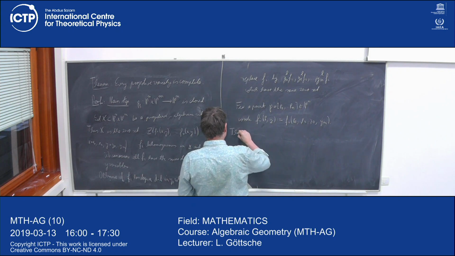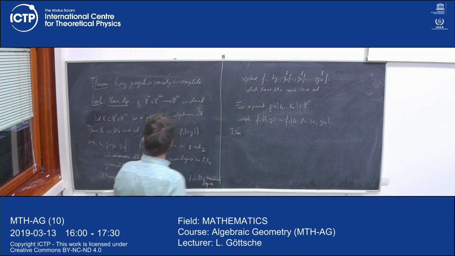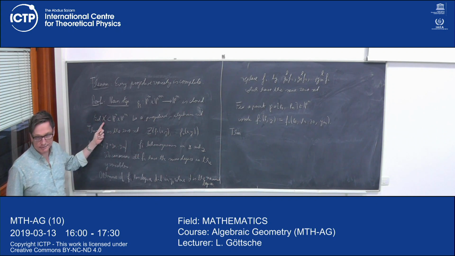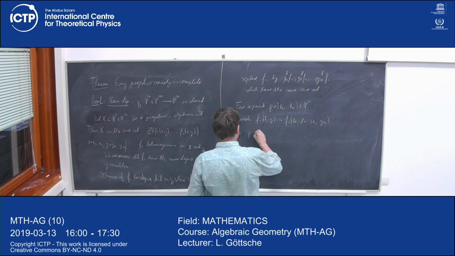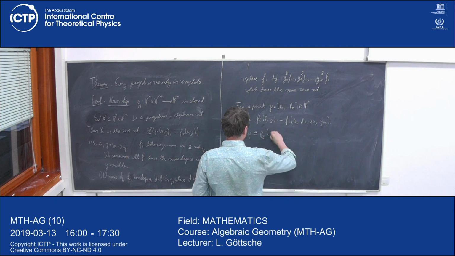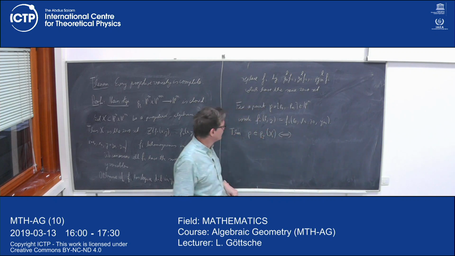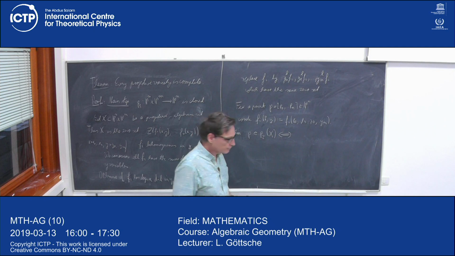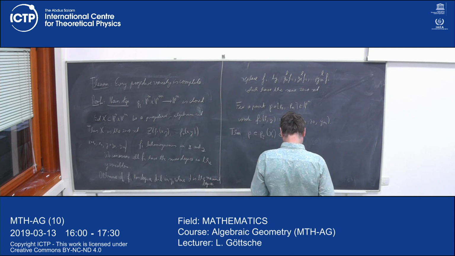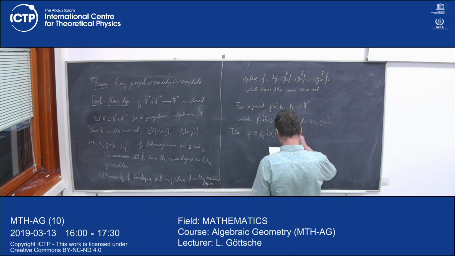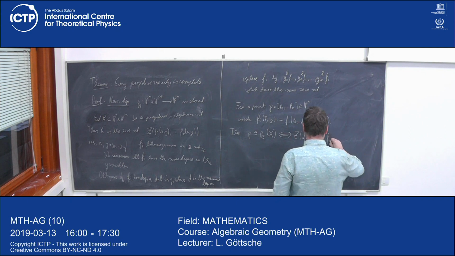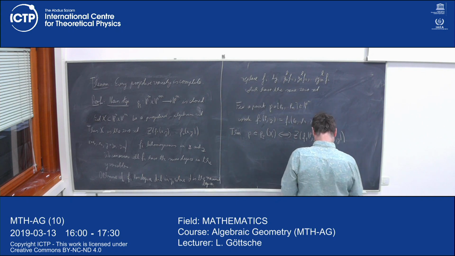Then, what does it mean? We want to find a condition for this point P to lie in the image of the first projection of X. So P lies in P1 of X if and only if there is a point in this common zero set whose first coordinate is P. This is the same as saying that the zero set of f1 of p,y up to fr of p,y is nonempty.